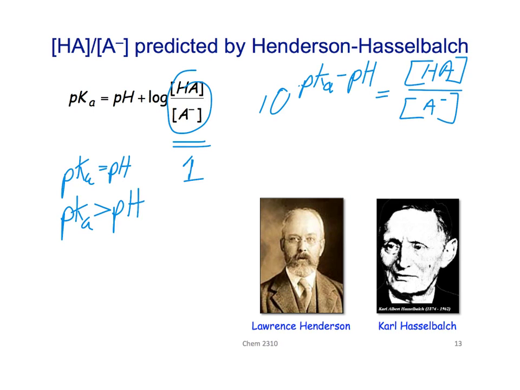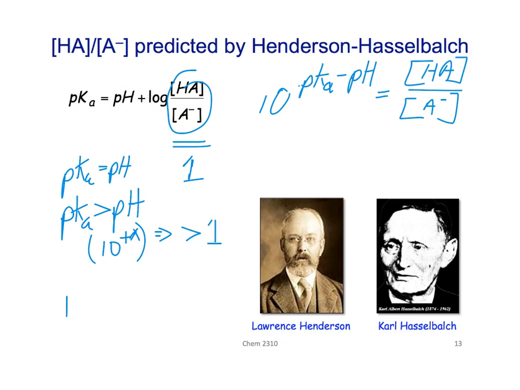I'll just say 10 to the positive x. So we have a positive exponent, which means that the equilibrium lies towards the acidic side. Right? So that makes sense, right? So as the pH goes below the pKa, then the equilibrium shifts to the acid side.